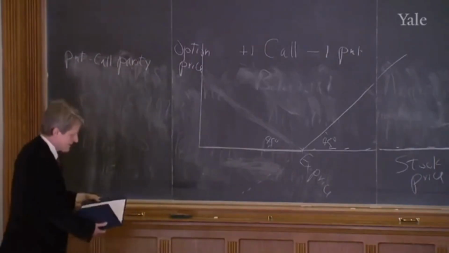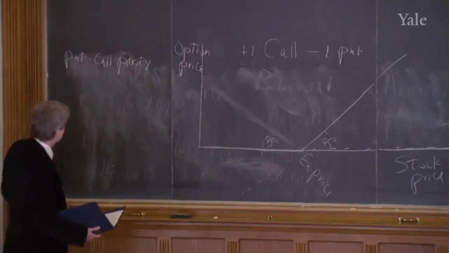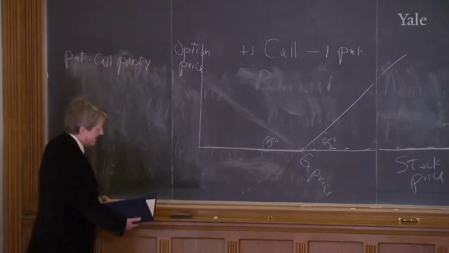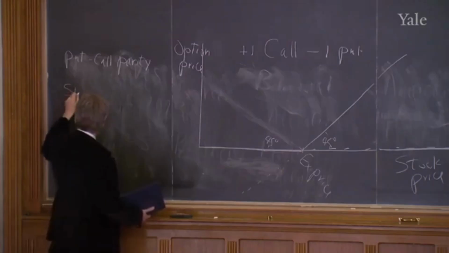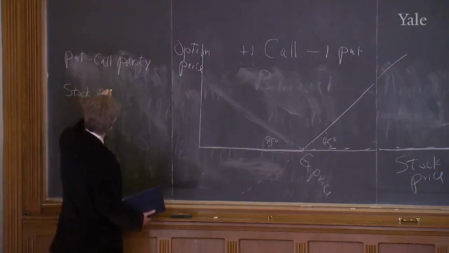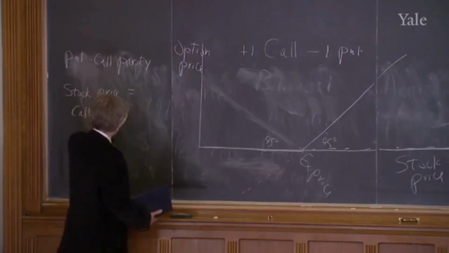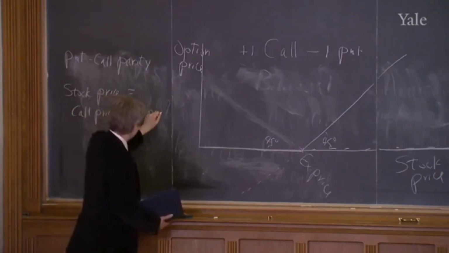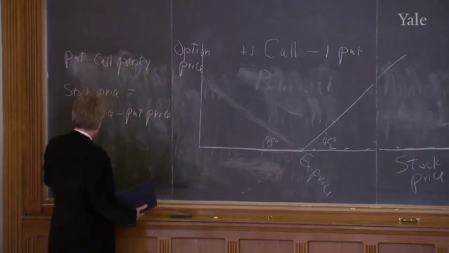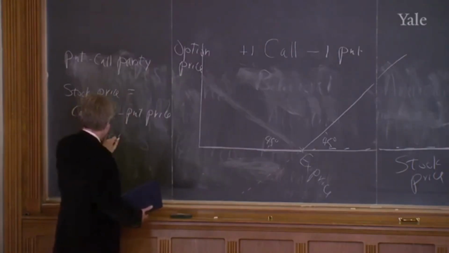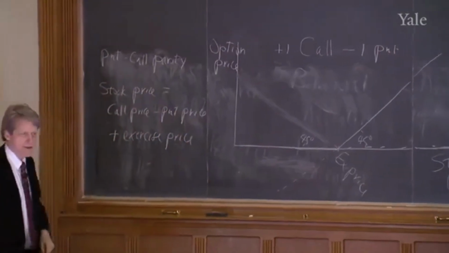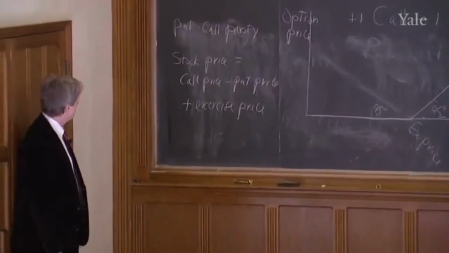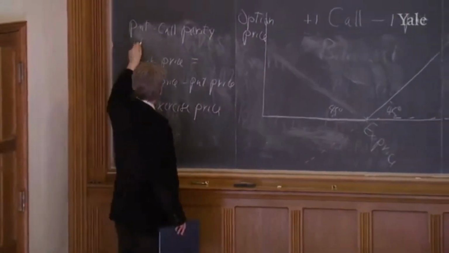There's different ways of writing this, but it says that the stock price equals the call price minus put price plus exercise price, on the last day, on the exercise day, right? It's simple. This is put-call parity on the exercise date.